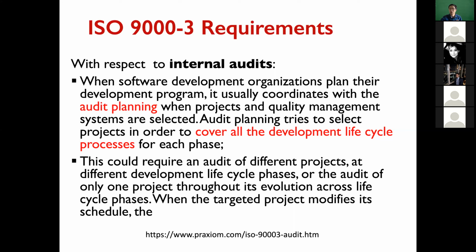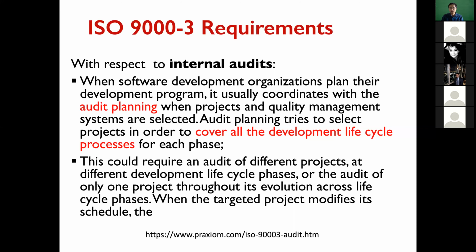For one project, you cover the design phase. For another, the development phase, and for the third, the quality assurance part, right? So you should cover all the development lifecycle process using your selected projects. That's the requirement for internal audit.